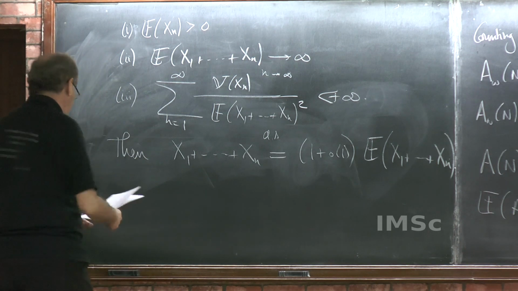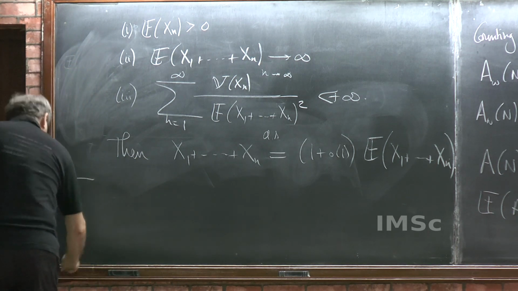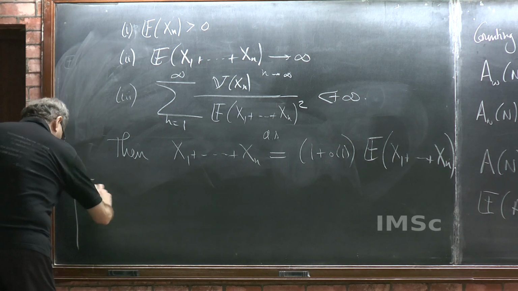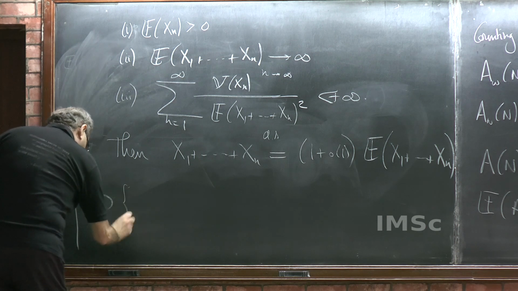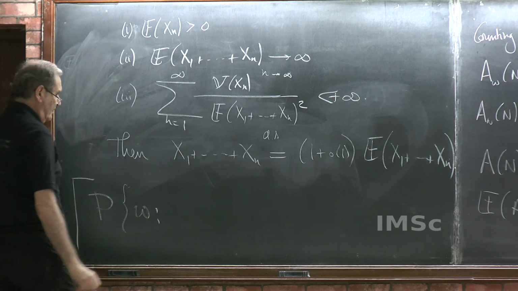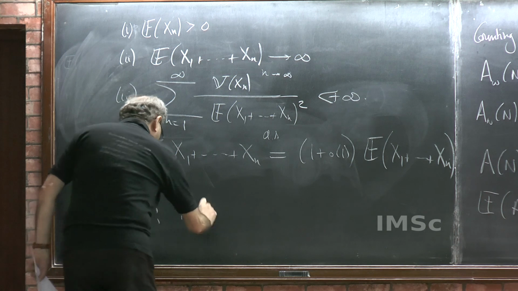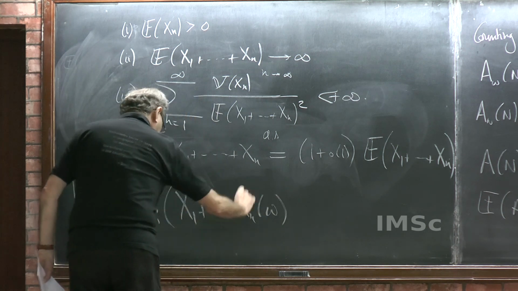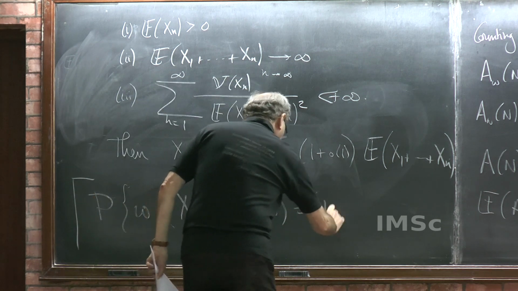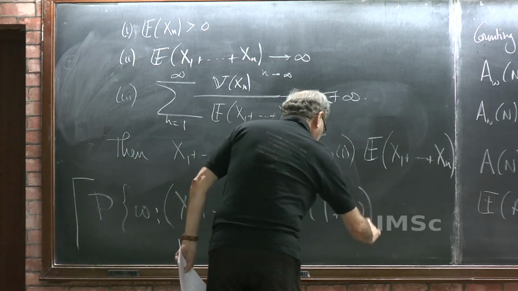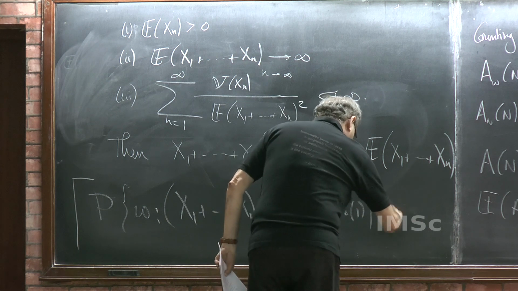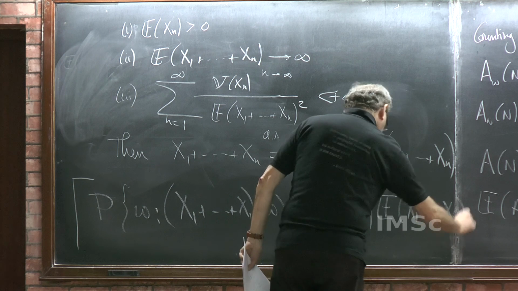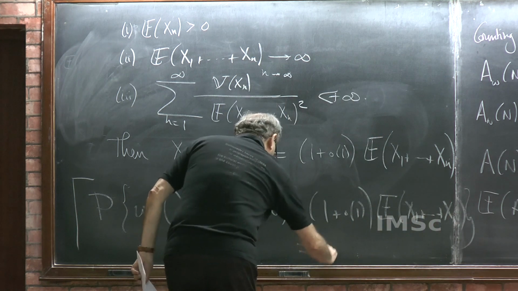So this means the following: if you look at the set of all the omega such that x1 plus ... plus xn of omega is equal to 1 plus little o of 1 times this expectation, this set has probability 1.